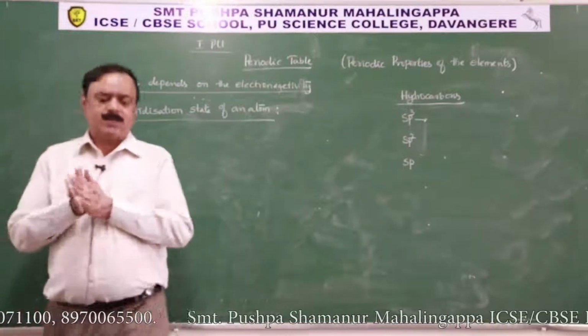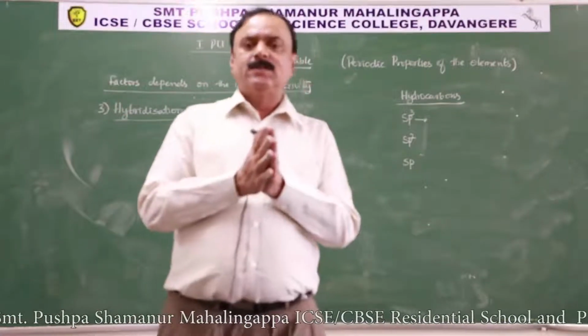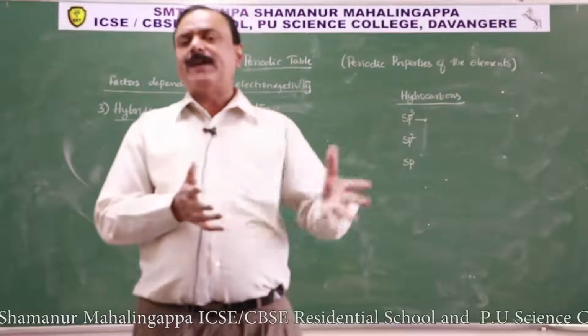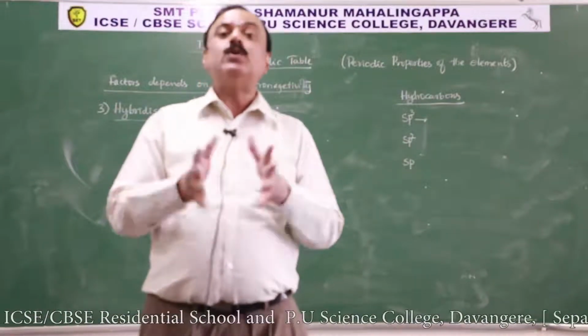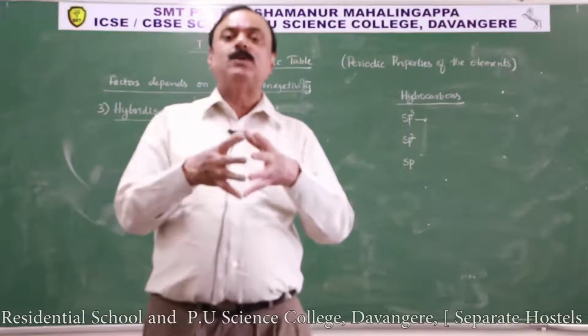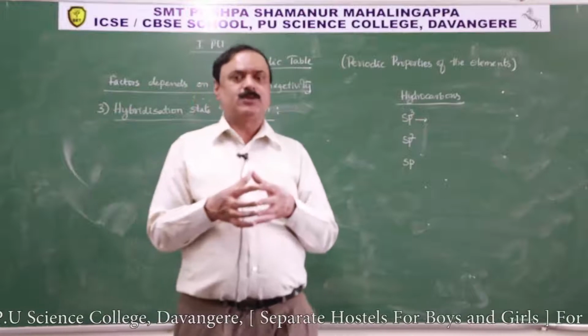You know that in chemical bond formation, what do you mean by a chemical bond? It is a type of attractive force between two atoms, which holds the two atoms together in the molecule of the substance, or it is sometimes considered a repulsive force also.